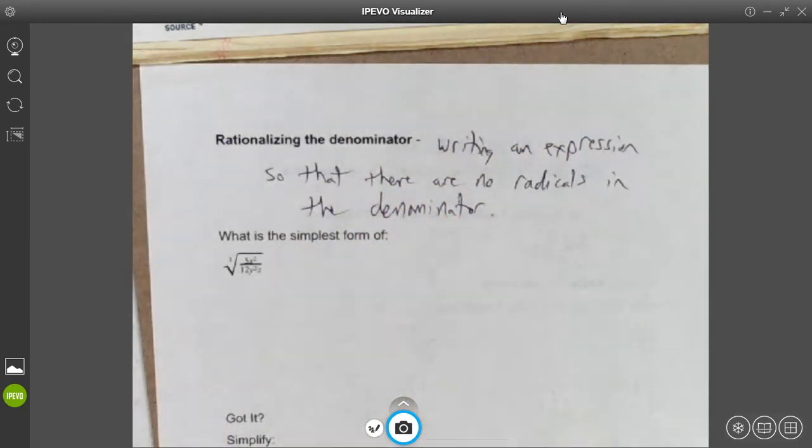Okay, so if we want to rationalize a denominator, again, it simply means let's write that expression so that there aren't any more radicals in the denominator. All right. So how do I go about rationalizing this denominator?